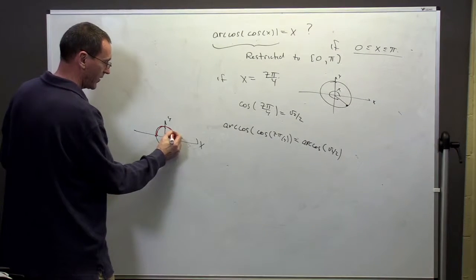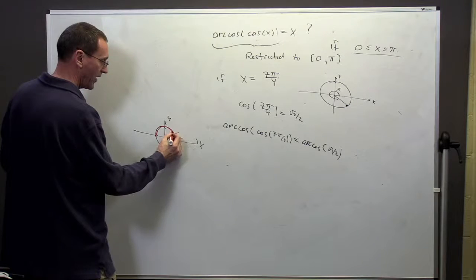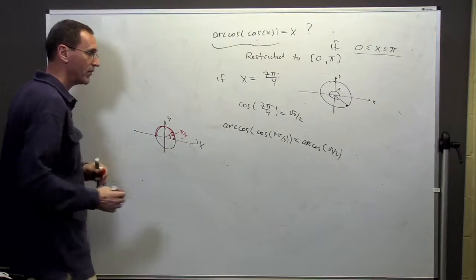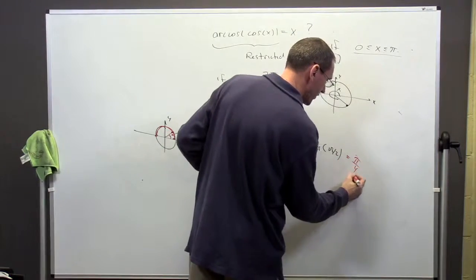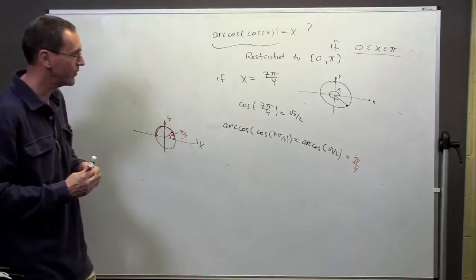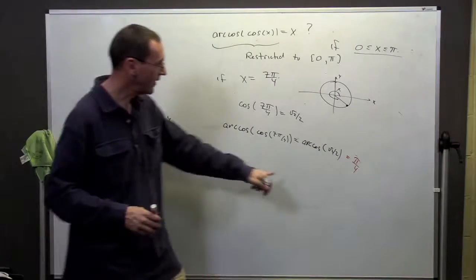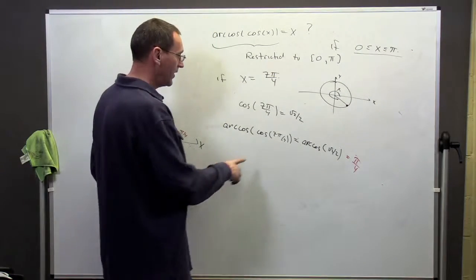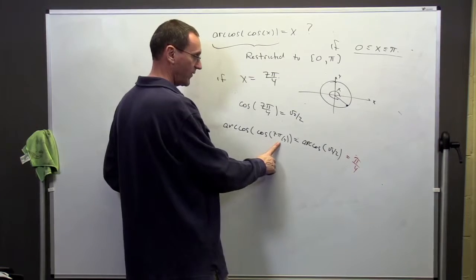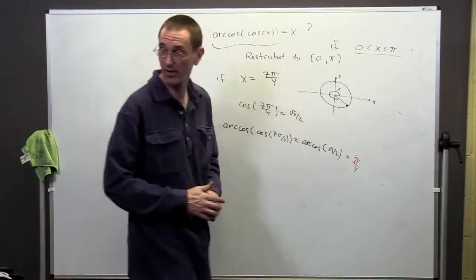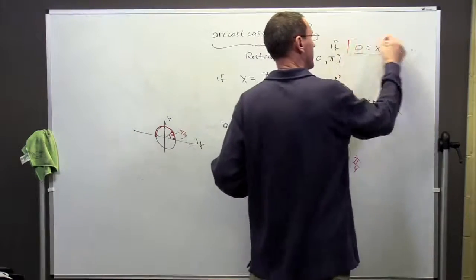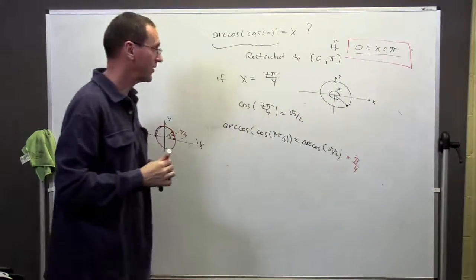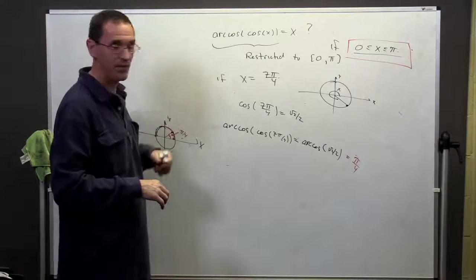And the only one that's going to give me that is that angle right there, which is pi over 4. So the angle whose cosine is square root of 2 over 2 between 0 and pi is going to be pi over 4. And so notice the arc cosine of the cosine of this angle is not the same thing. Okay? So this restriction is very important in terms of how we define this inverse function.